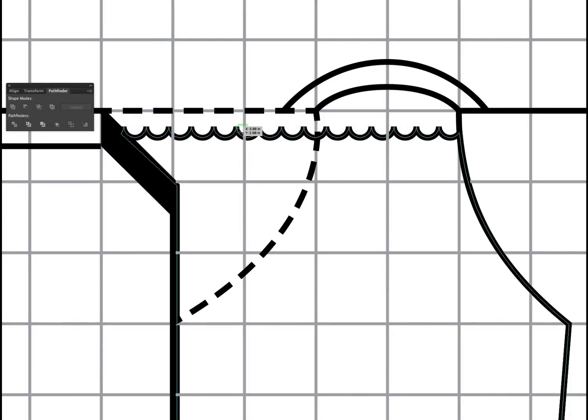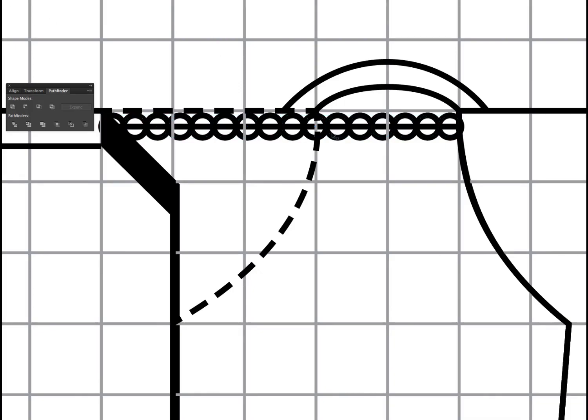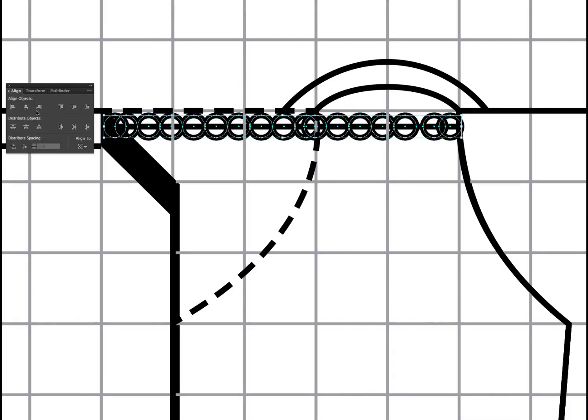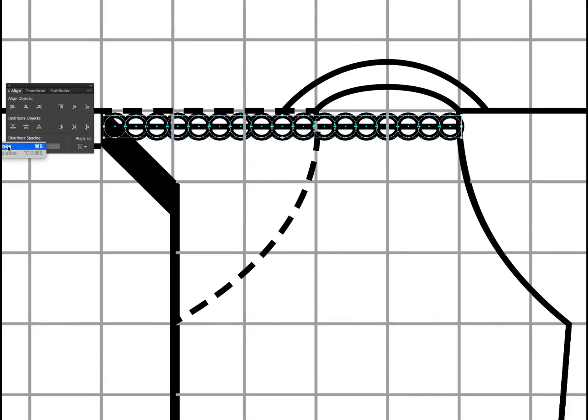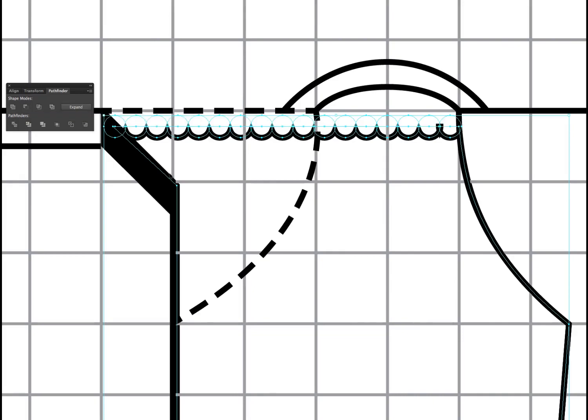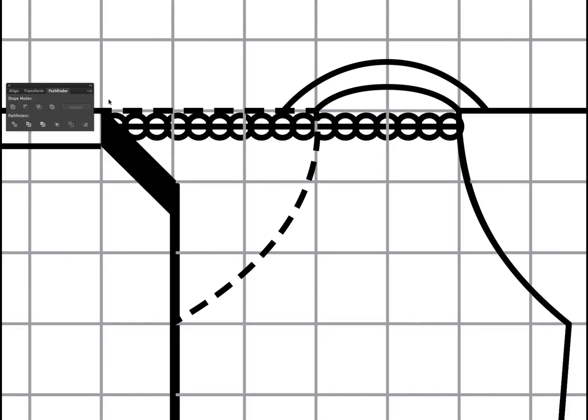Now I'd like those lines to be pointy, so I'm just going to change the miter limit. Actually, no. I don't like this blunt tip. I'd like to have the pointy tips, but that means these circles have to be a little closer together.